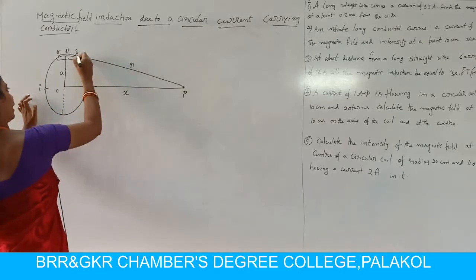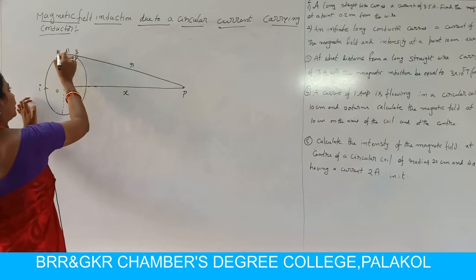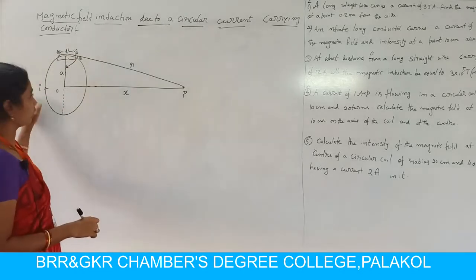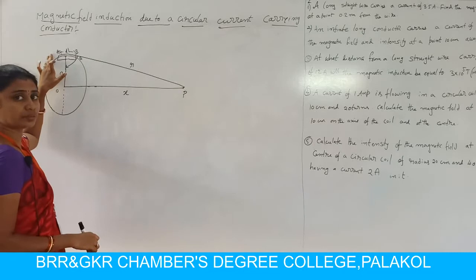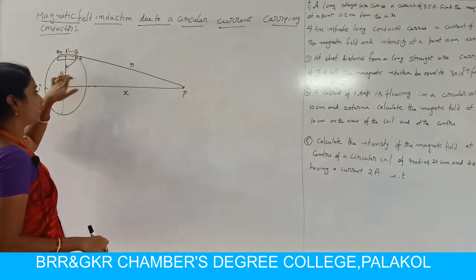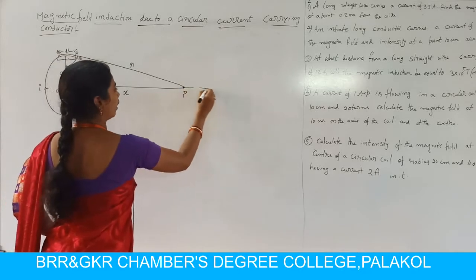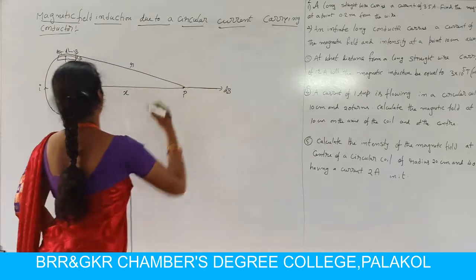Here this elemental length dl makes an angle theta with the current flowing direction. The magnetic field is along the axis.